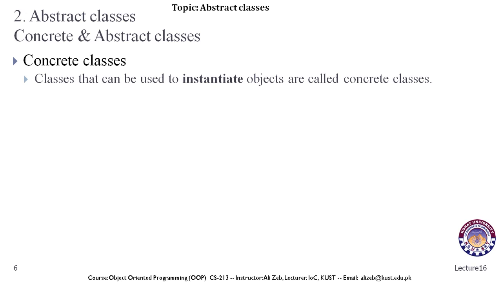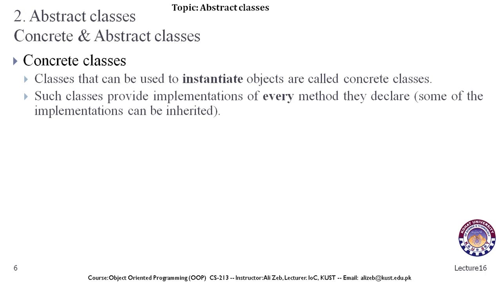Alternatively, we cannot declare objects of abstract classes. That is why an abstract class is an incomplete class. A concrete class can provide, or should provide, implementations of every method they declare. Some of the implementations can be inherited.